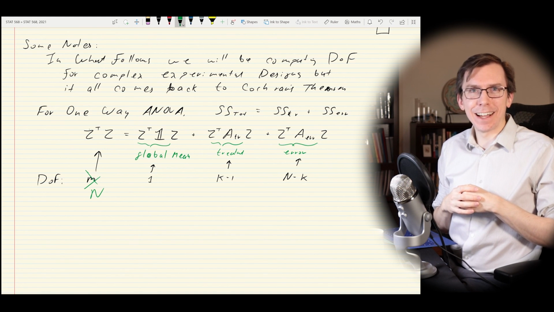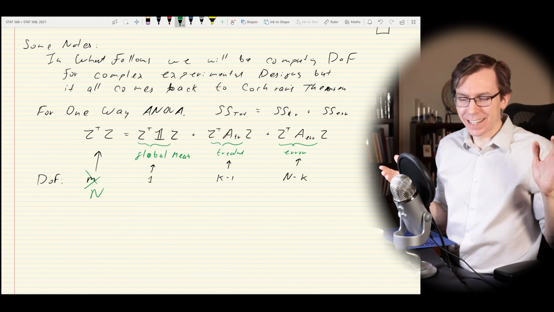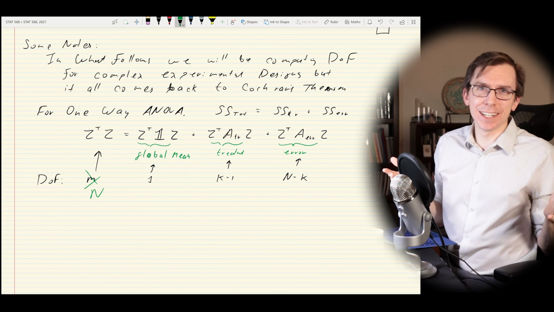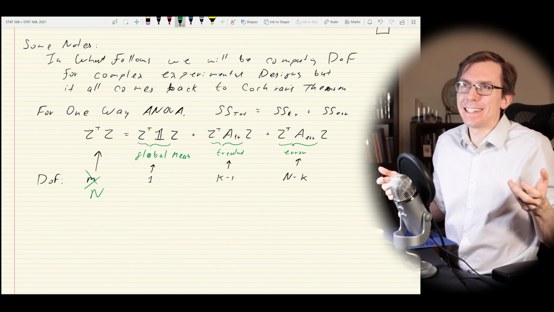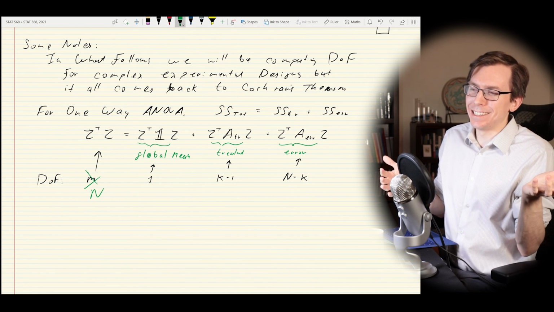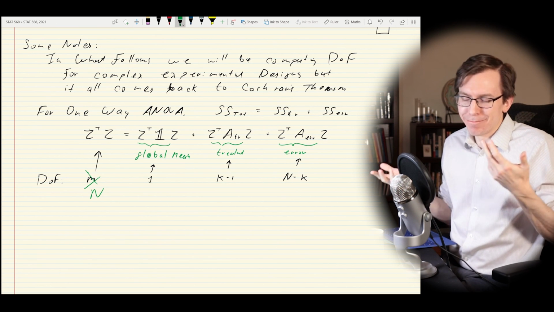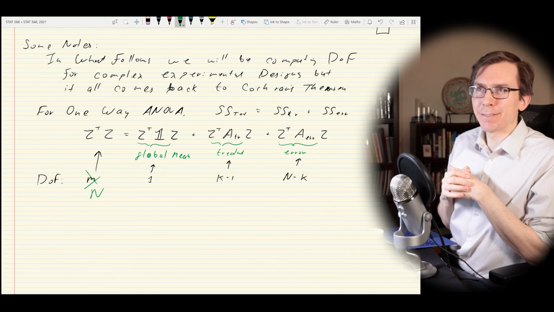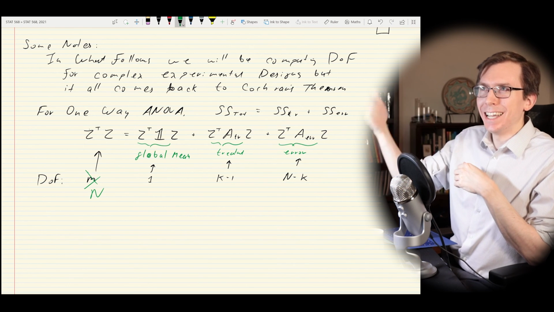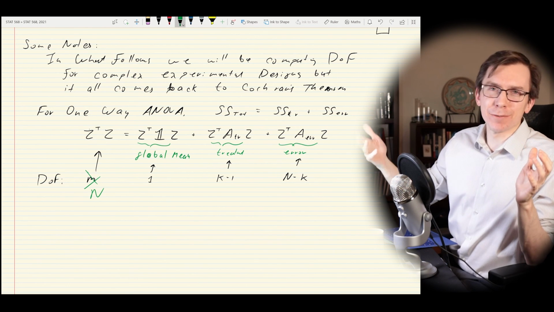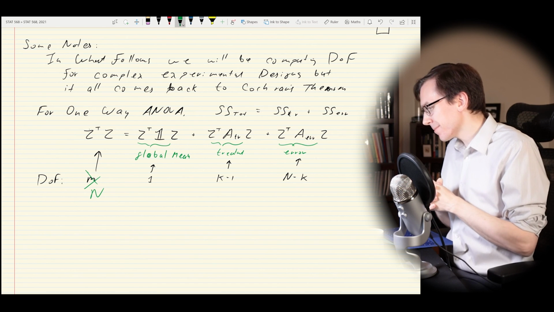If you really like linear algebra, I can draw lots of pictures of that. If you don't, you can just think of it as counting the amount of data and the number of estimated terms and looking at the difference. Either way, these are different ways of understanding what degrees of freedom actually are.